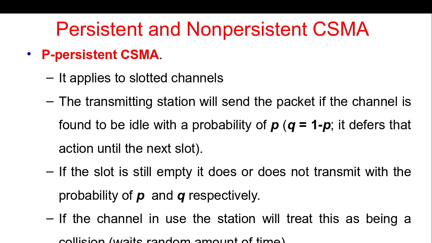Here the transmitting station will send the packet if the channel is found to be idle with a probability of P. Alternatively, it will defer the transmission with a probability of Q, which is 1 minus P, until the next slot.